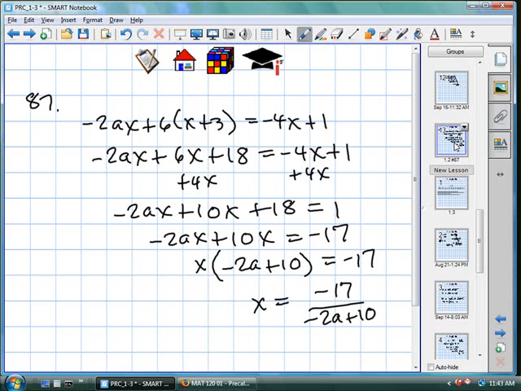Then what I did is I know there's actually 3 x terms up here, but at least I got the plain x terms together by adding 4x to both sides. So that got me down, and then I wanted to get just the x guys by themselves, so I got rid of the 18 by subtracting from both sides.